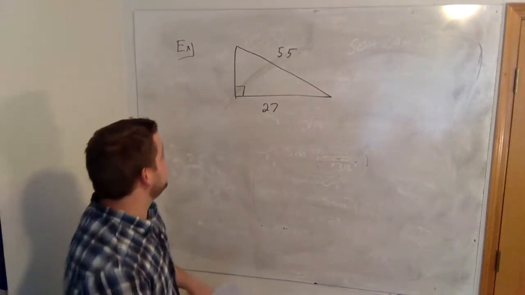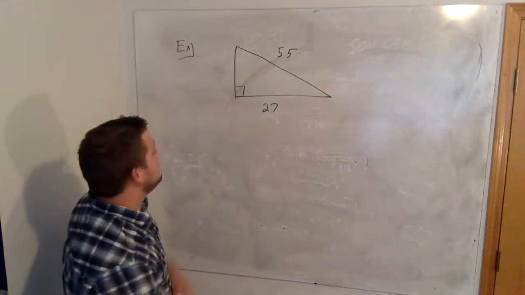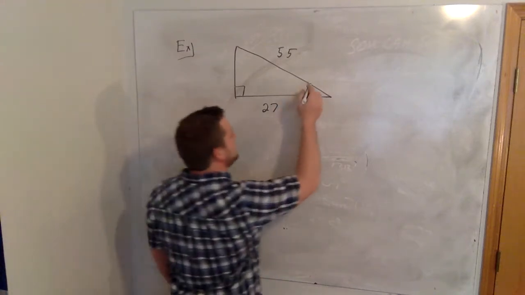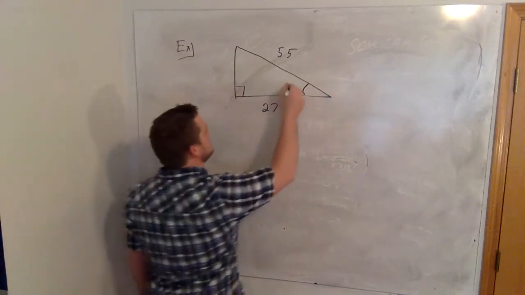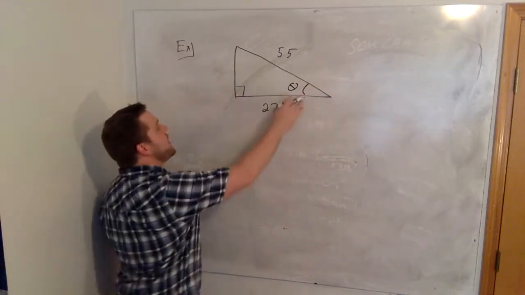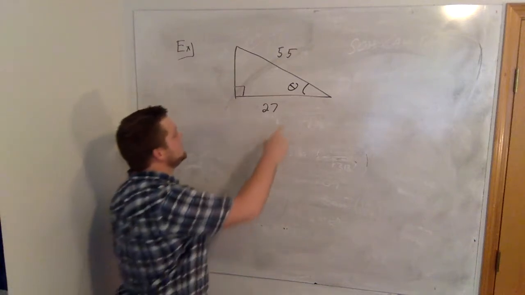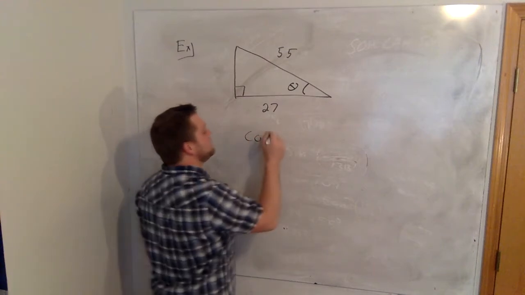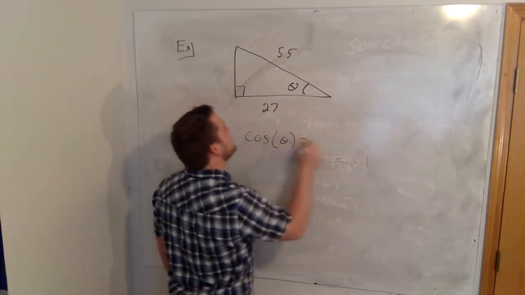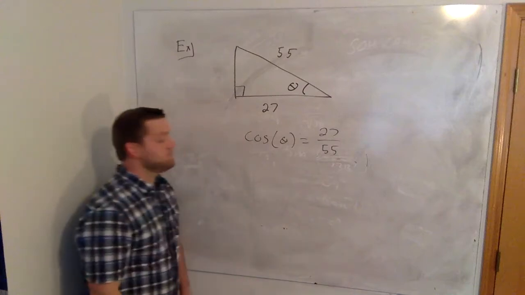Okay, let's go ahead and do it. We could easily find this side here, but how about we find an angle first? Let's find this one. It really wouldn't have mattered which one you found first. We know adjacent and hypotenuse, so the cosine of theta is equal to 27 over 55.